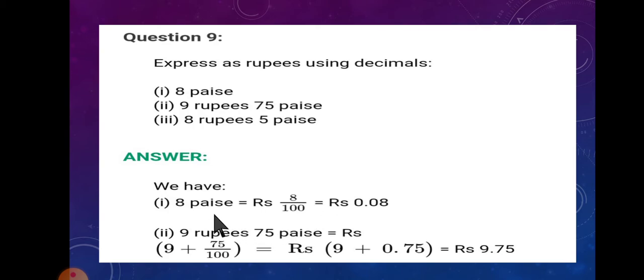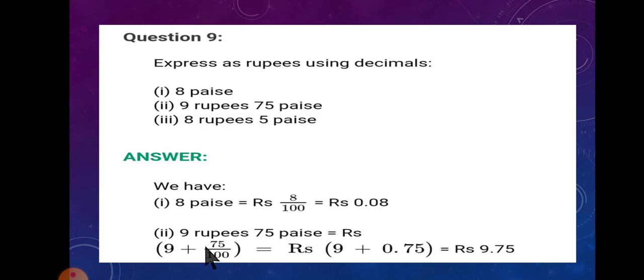So we multiply 8 by 1 upon 100. Because there are two 0s in the denominator, 2 digits before we insert the decimal. 1 digit is already there, we need one more digit. That's why we insert a 0 before 8, then put the decimal. So 8 paisa converted into rupees is 0.08.